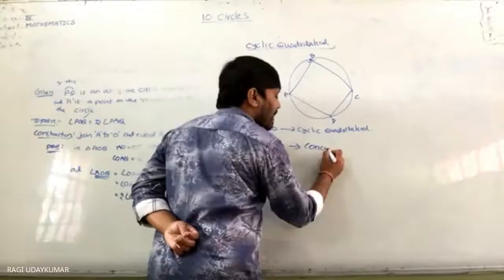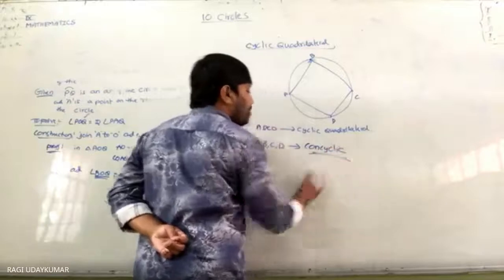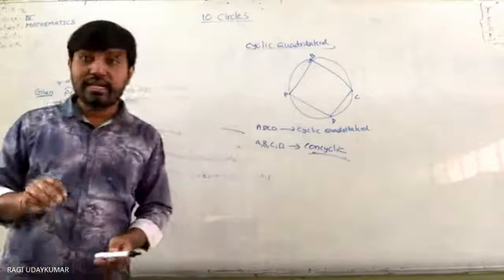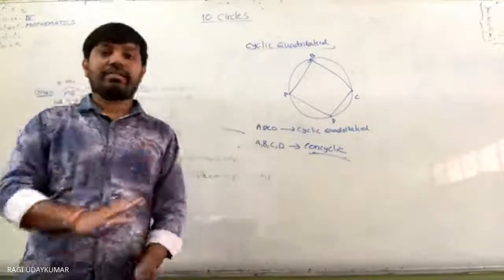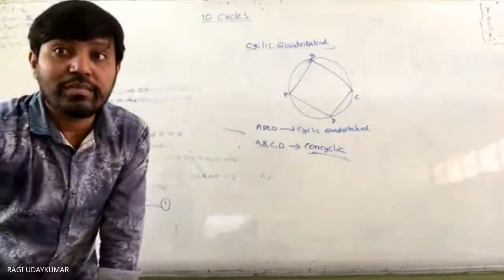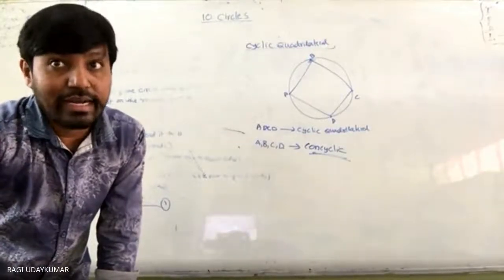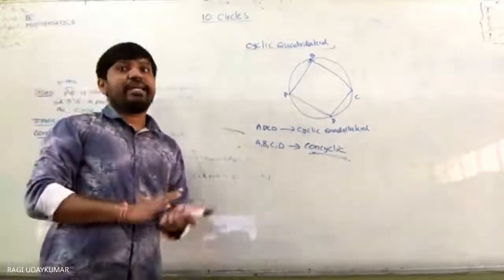ABCD concyclic points को concyclic points बोलते हैं. Points are called concyclic and the quadrilateral is called a cyclic quadrilateral. And in the cyclic quadrilateral, the main property is that opposite angles of the cyclic quadrilateral are supplementary.